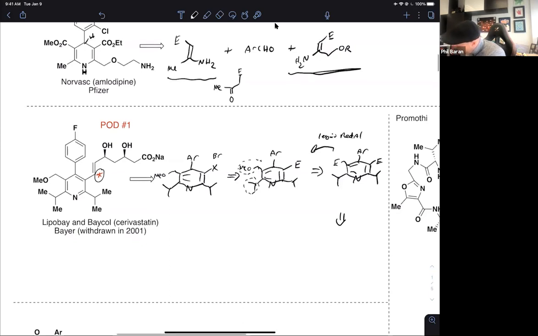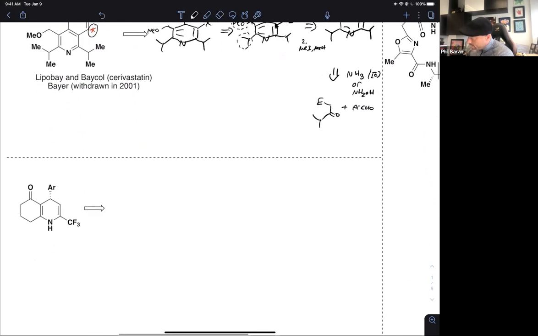And then you can treat with methyl iodide and base. And that will give you your methoxy compound. And then this just comes back from Hantzsch. Make sense?